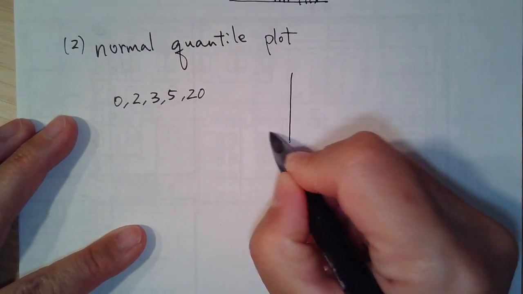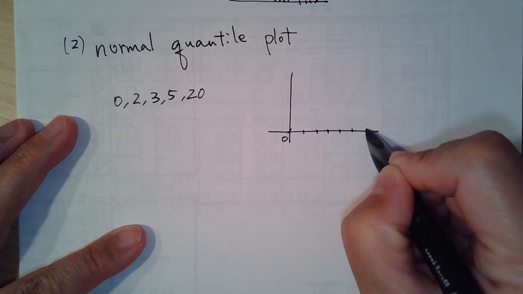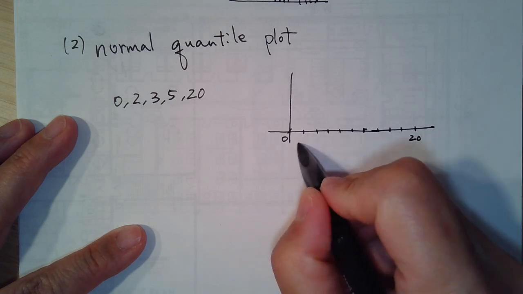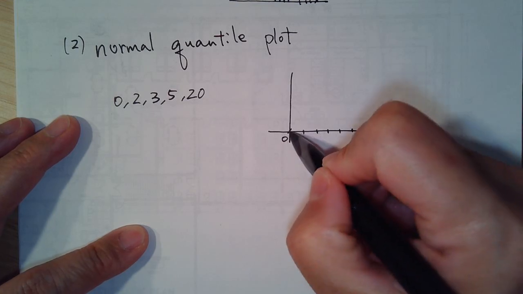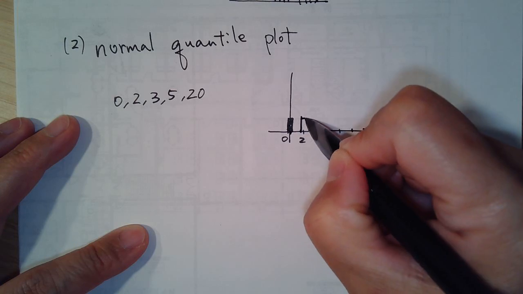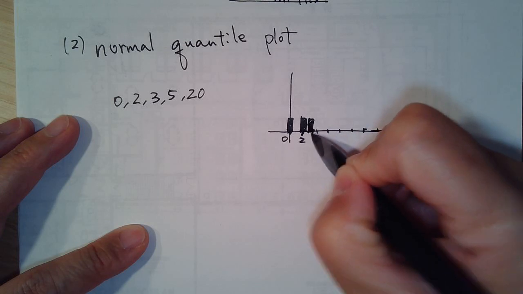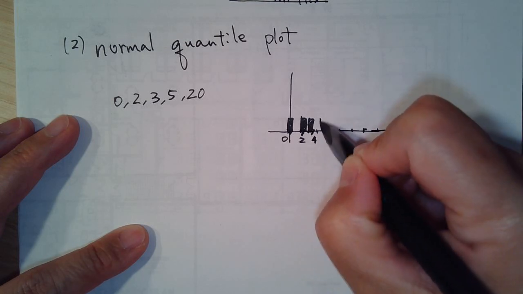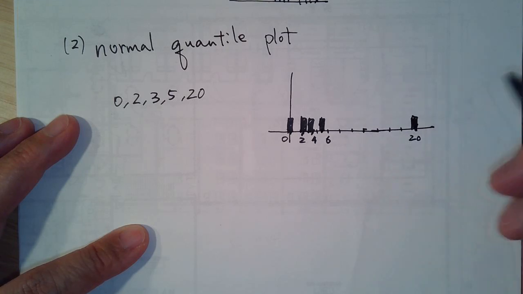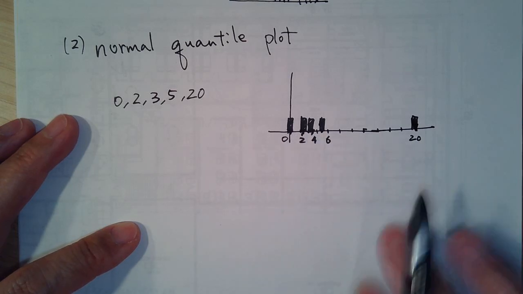If you draw it, each unit we call 2, so you have a 2, a 3, a 5, and you have a 20. It's not normal at all. It's almost like a uniform, pretty close to that, but it definitely is not normal.